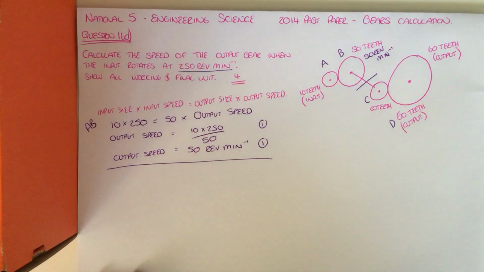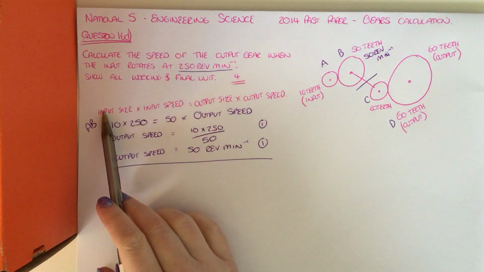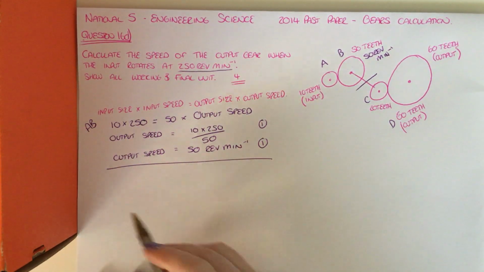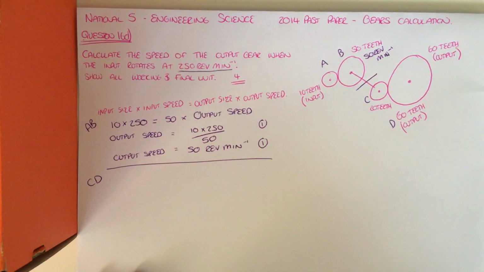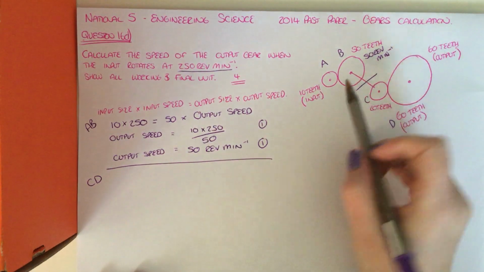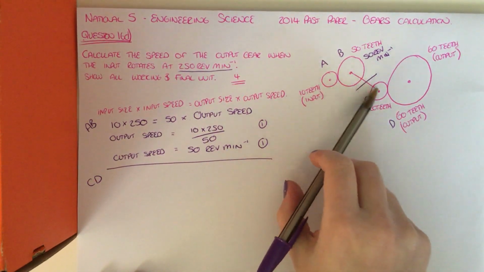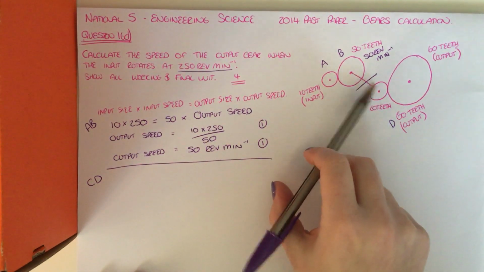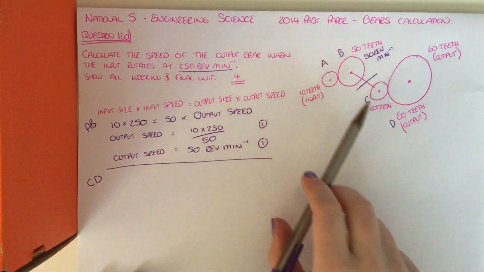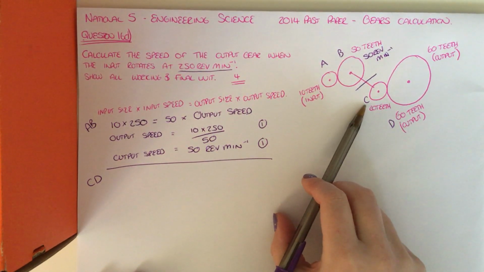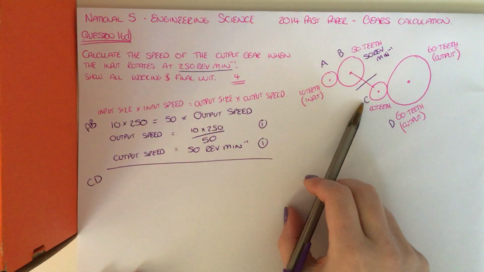per minute. What we're going to do is we're going to go back to this equation that is given to you in the data booklet, but this time we're going to do it for gears C and D. Because gear B and gear C are on the same axle, they will turn at the same speed. So the speed that we've worked out for B is now going to be the speed at C, and C will turn into our input.